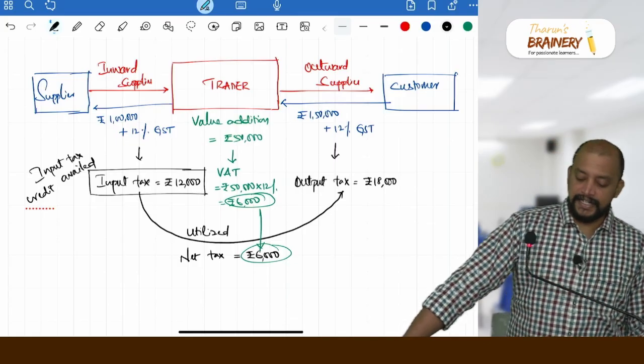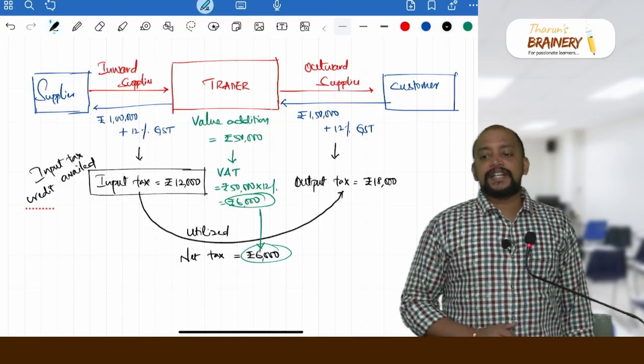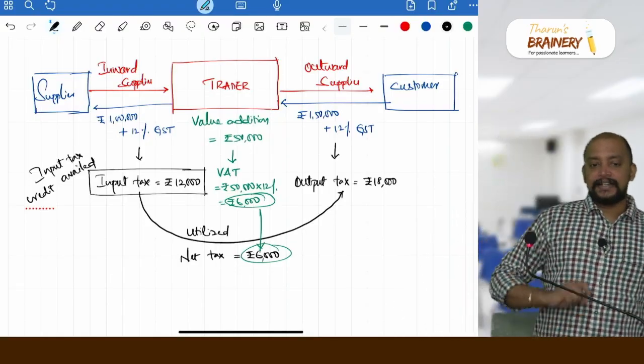Okay. Now write down what is the meaning of input tax credit.